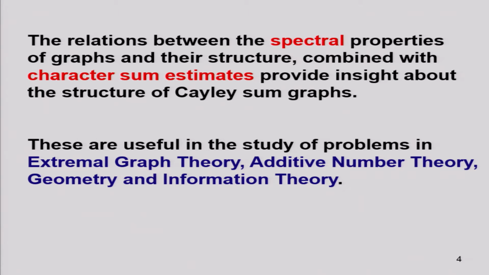And this is useful in the study of problems naturally in extremal graph theory and combinatorics, but also in other areas like additive number theory, geometry, and information theory. And I'll try to give some examples.